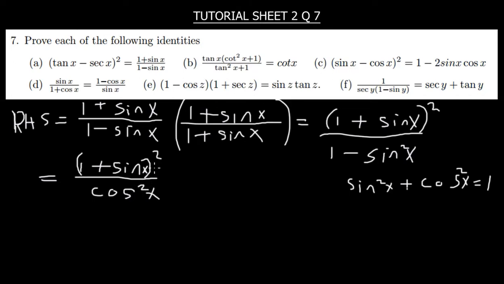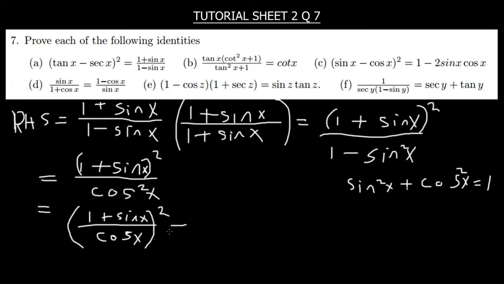So since this and that is squared, according to the rules of indices, I can write it as everything in brackets like that. Then I'll put the squared outside, then I'll write 1 plus sine x, and in the brackets there I'm also putting cos x, such that if I was to distribute the squared here, I will still go back to that.